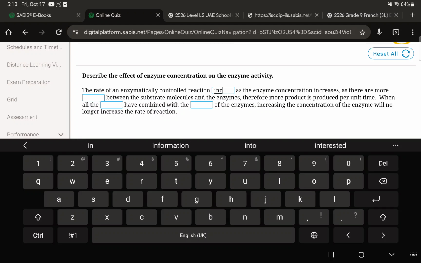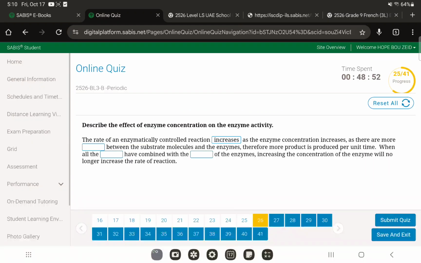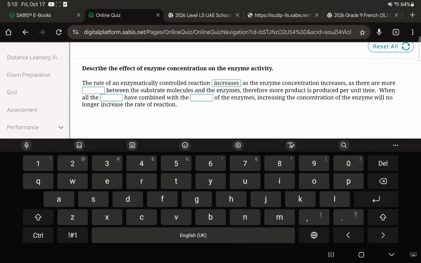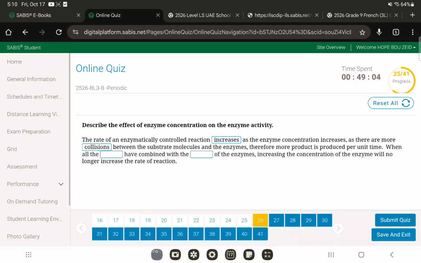So increases, as the enzyme concentration increases, as there are more collisions, just like the one before, because the more molecules there are, the more likely they are to combine, because the more they bump into each other. Sorry for that. Let me say that again. The higher the concentration, the more molecules there are.